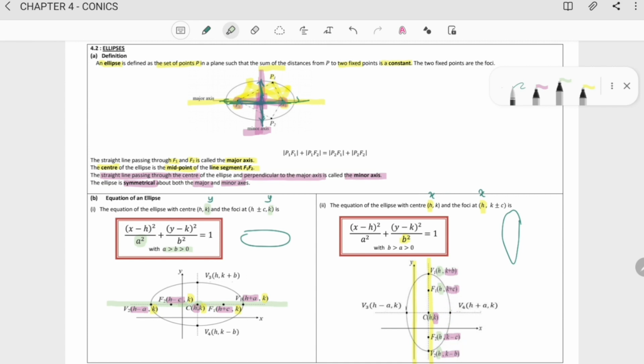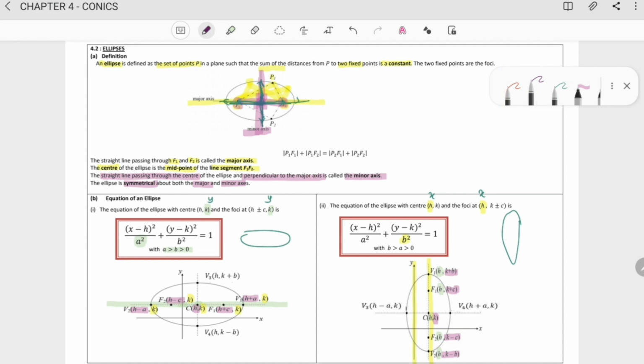Again, if the Y coordinate, the value of K, is the same for the center, foci, and vertices, it is a horizontal ellipse. If the X coordinate is the same for the center, foci, and vertices of the major axis, it must be a vertical ellipse.